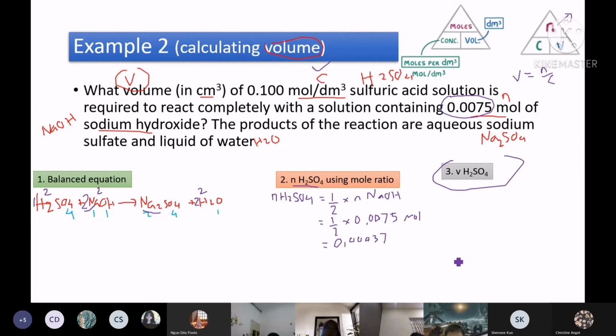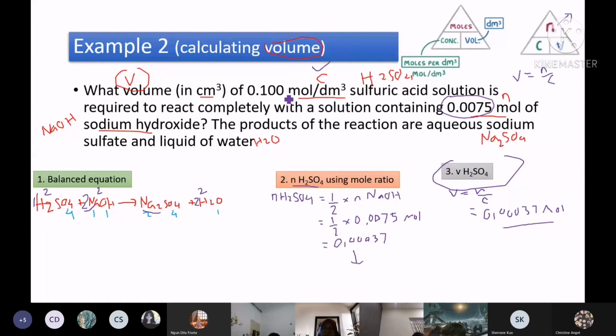And then next, find the volume. What is the formula of volume? Mole over concentration. This is the mole of sulfuric acid, 0.00375 mole, divided by the concentration.